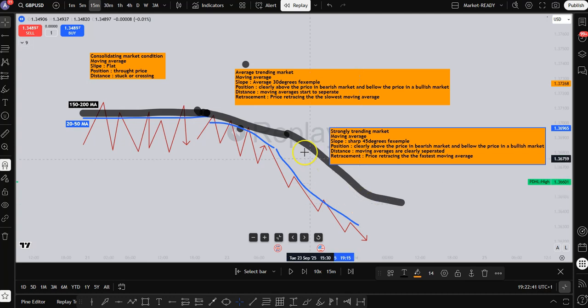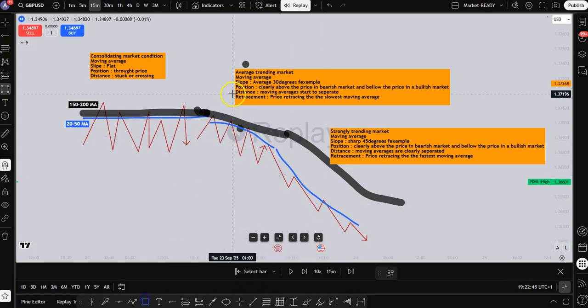How is it related to our entry model? It's about the reversal and continuation. Why? Let's say this is the daily candle, and this is the Asia session.